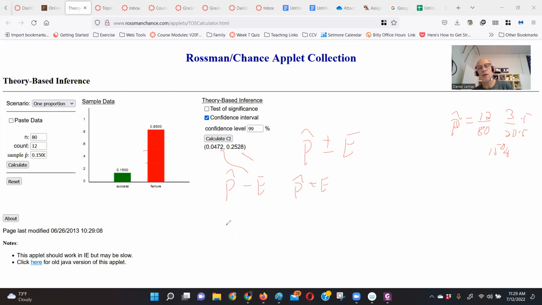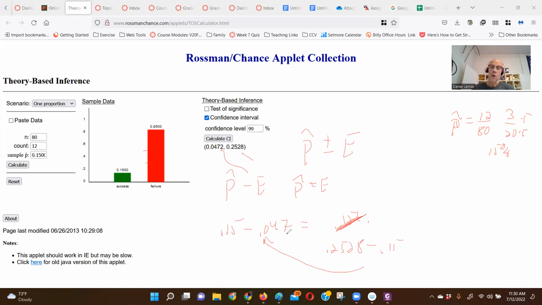So if you wanted to, you could say we got 0.15, so 0.15 minus 0.047, that number would be the margin of error. You could also do 0.2528 minus 0.15. That's how you'd get the same. These should give us the same values.